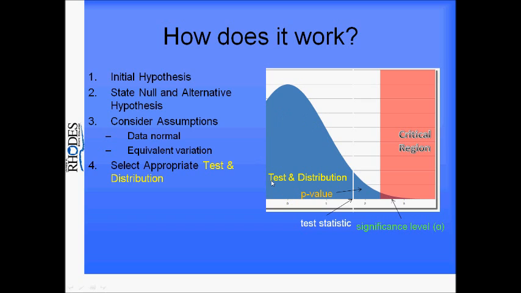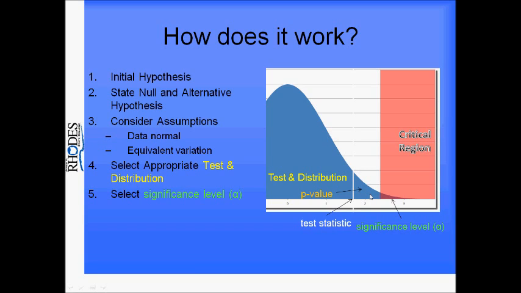The next thing we need to do is determine what significance level we want. In other words, how much of our critical region are we looking at? Do we want 90% confidence, where our alpha would be 0.1, that 10%? 10% would probably be out in here somewhere.